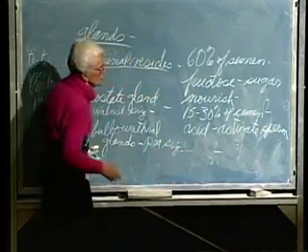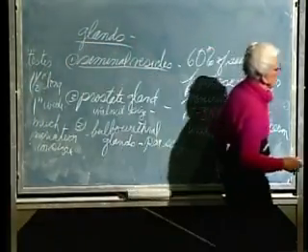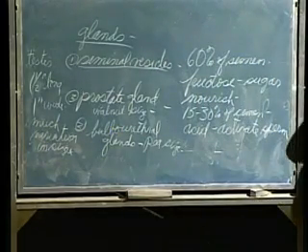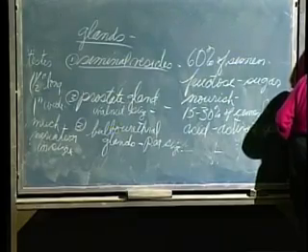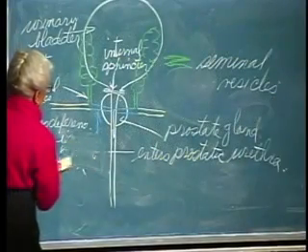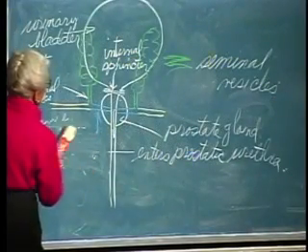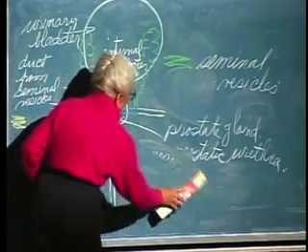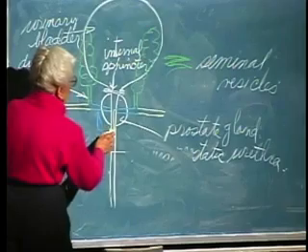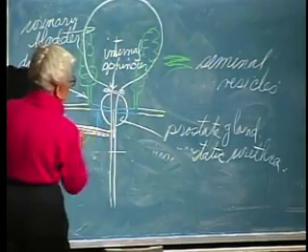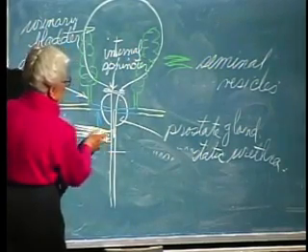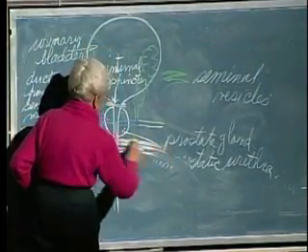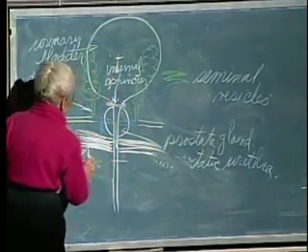Where are they found? They're in the urogenital diaphragm. If you recall where our urogenital diaphragm was, it was inferior to the prostate. We can just put it in. We had the urogenital diaphragm, which was skeletal muscle, your external sphincter.